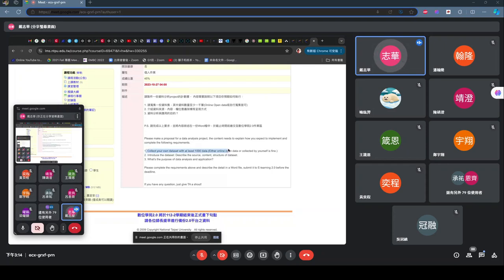You guys should collect your own data set. You could collect the data set by your own, or you could also find some data set on the website. That is all fine. Or you could find data from different places, and then you aggregate them together. You link them together.